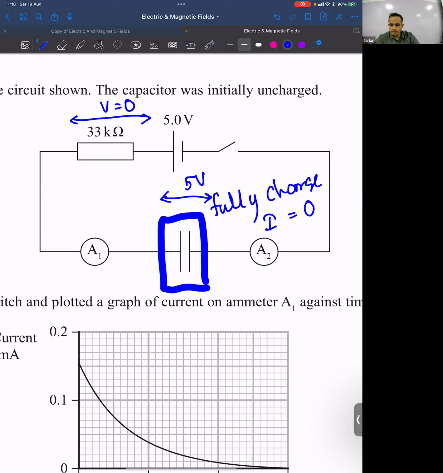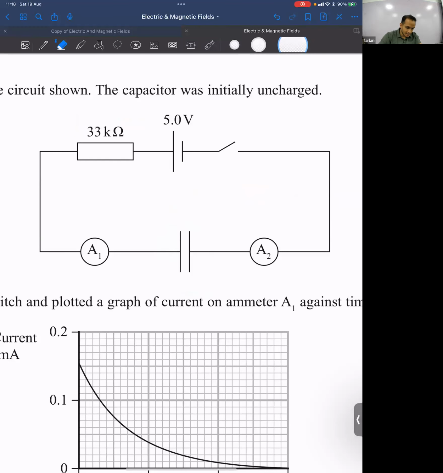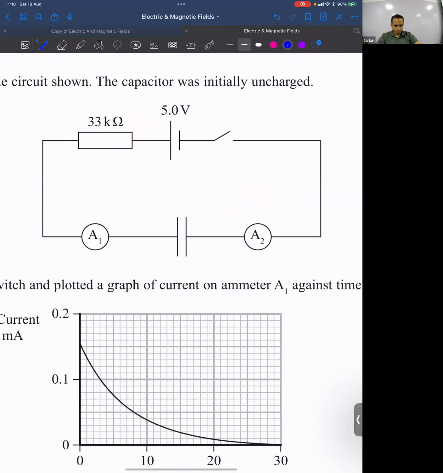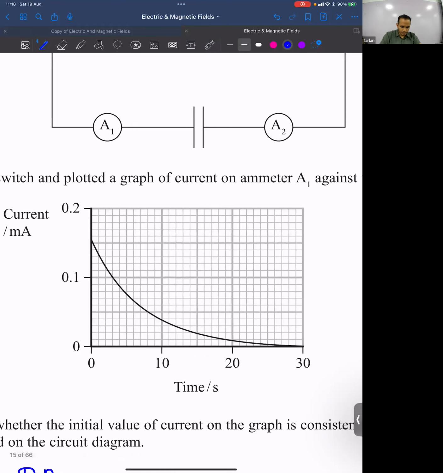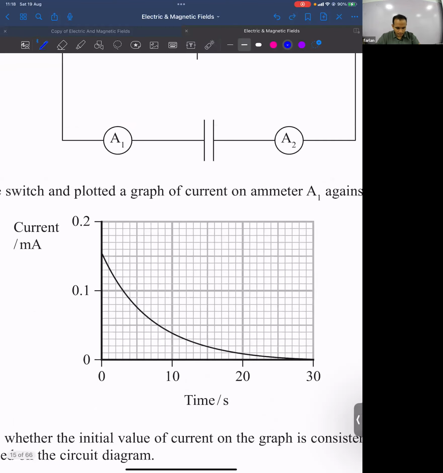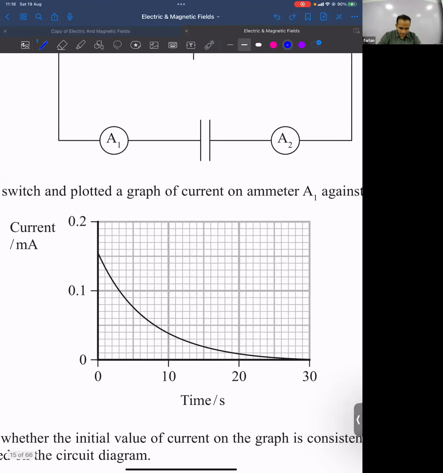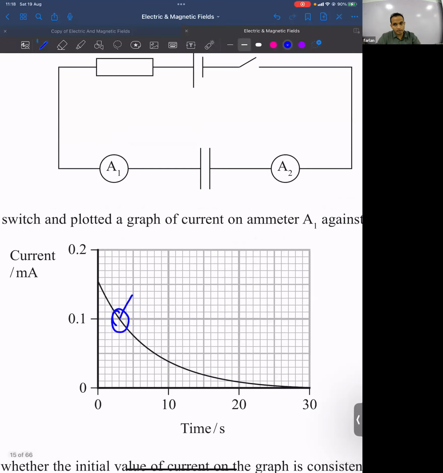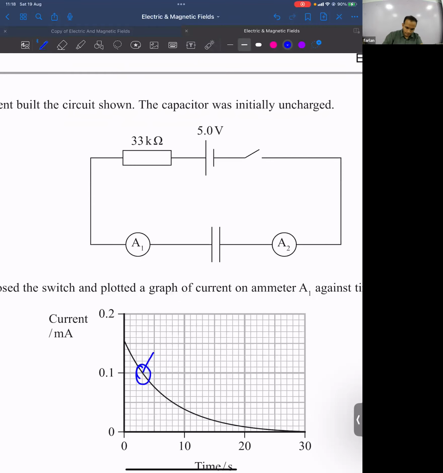Yes, thank you. Okay, one last thing for the day. While it is charging, at a given time, let's say 3 seconds, the current is 0.1 milliampere. Listen carefully.